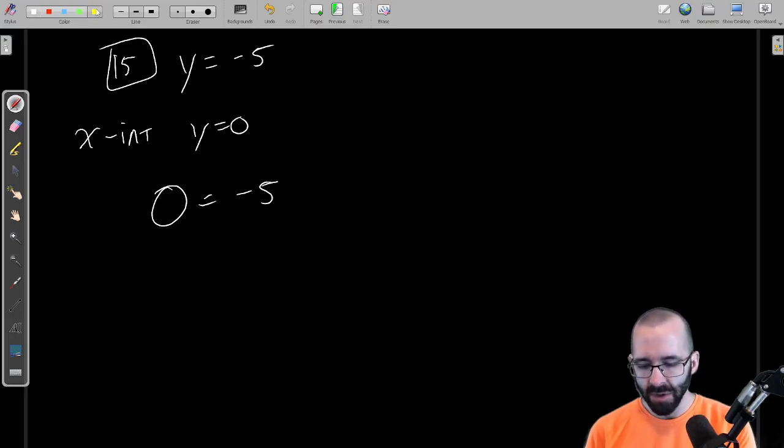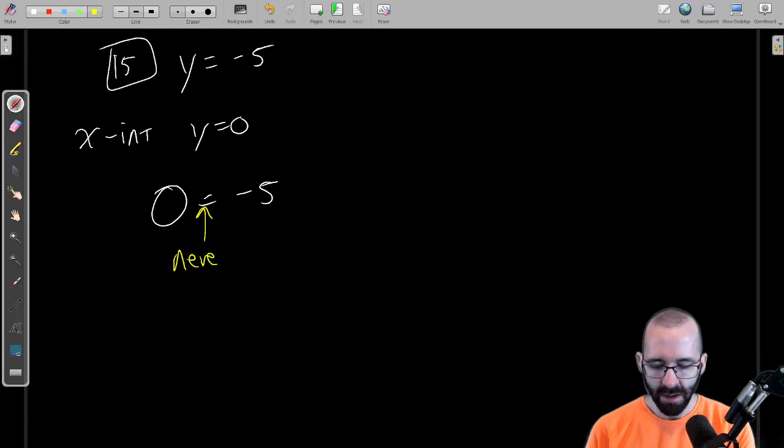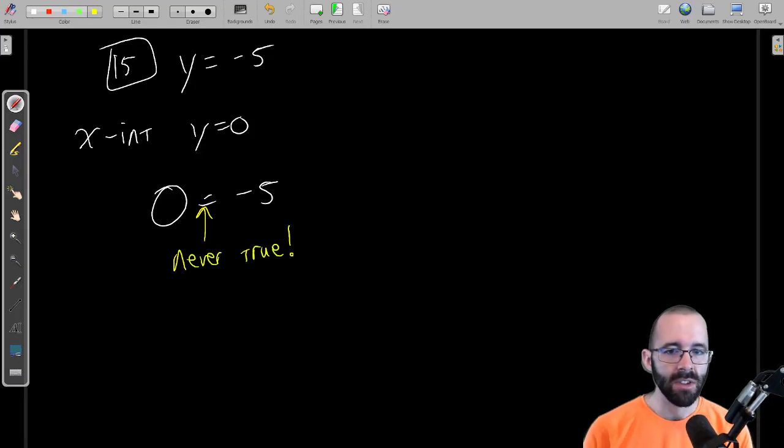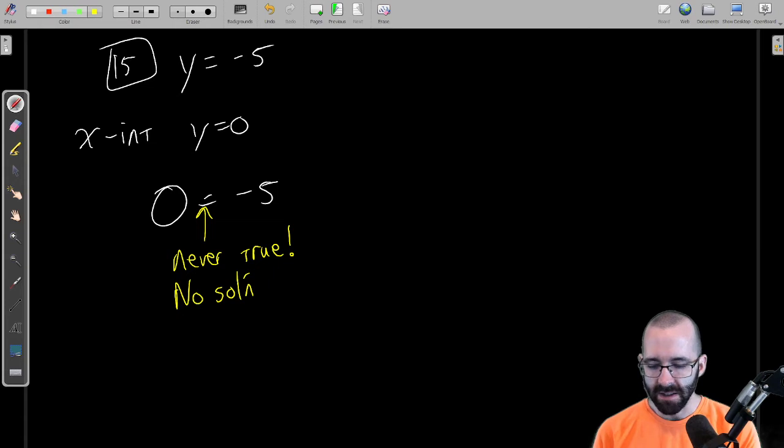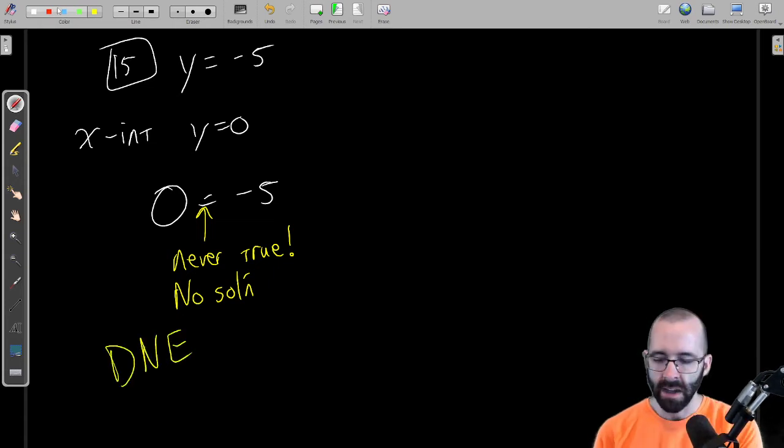This is never true. Solutions to an equation are just all the x's and y's that make it true. Well, this is never true. This is never going to happen. There's no solution. But what does that mean for our x-intercept? It can't happen. It doesn't exist. All right, and we move on.